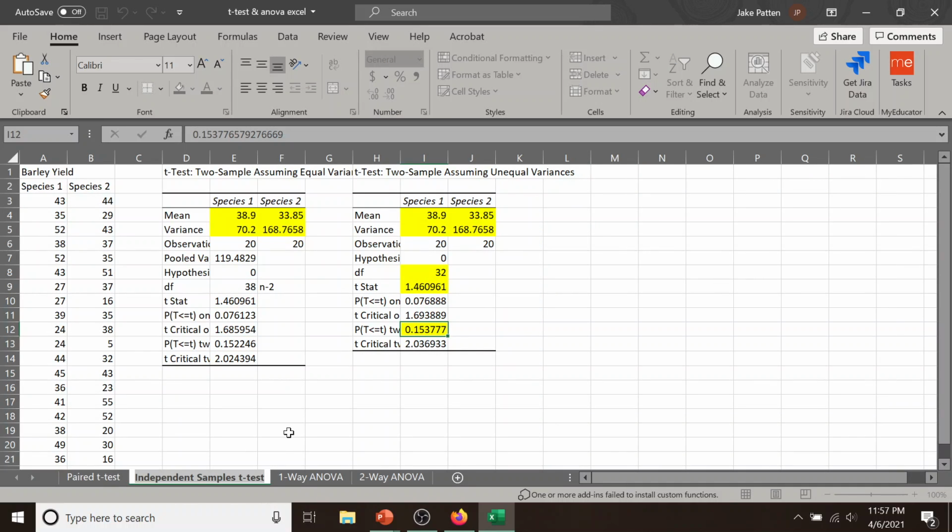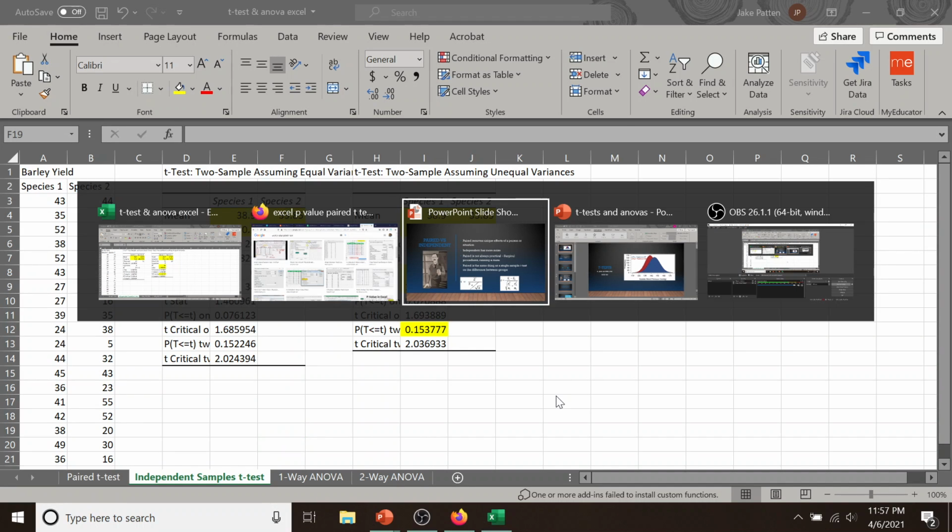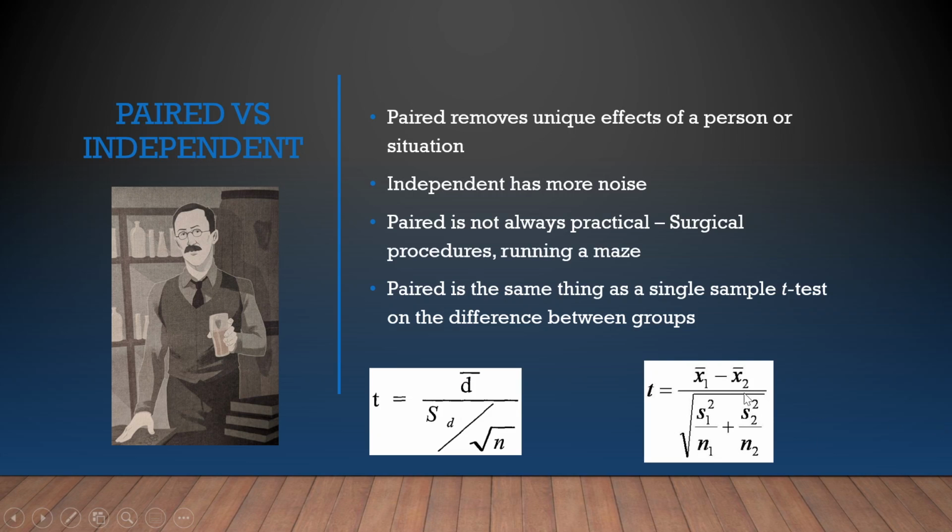Now, if you are one of the people that's making a calculator, you also need to know this over here, the independent samples t-test. So of course it's a slightly different formula. We've got mean 1 minus mean 2 instead of just the difference score over here. So we're going to need to find our averages.